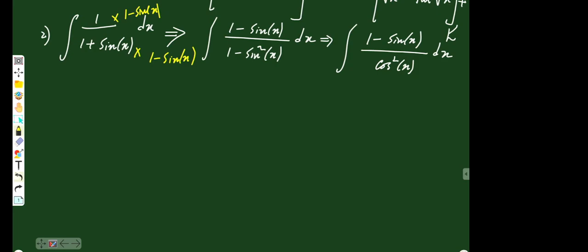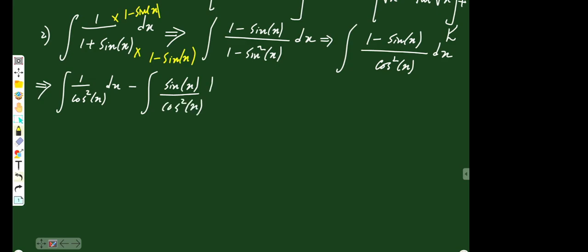So let me know if I'm wrong. Then he did this: integration of 1 divided by cos squared x dx minus sin x divided by cos squared x dx. So then he is saying that this is nothing but sec squared x dx minus.